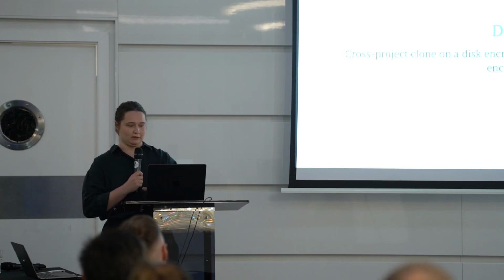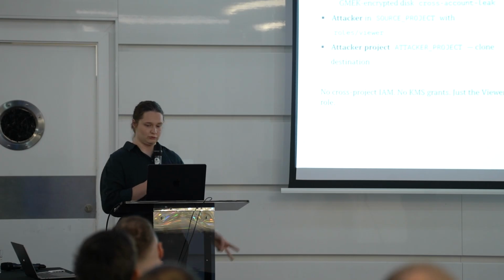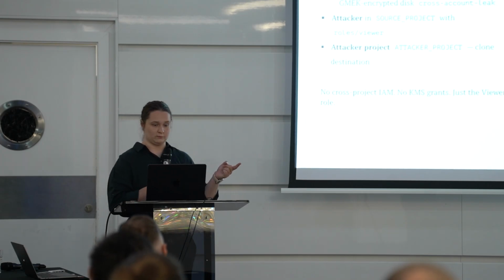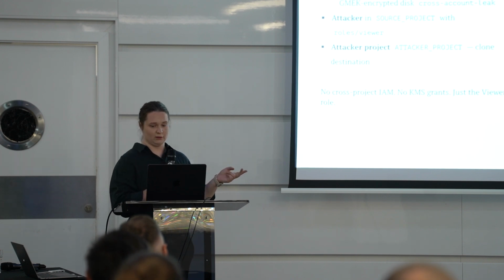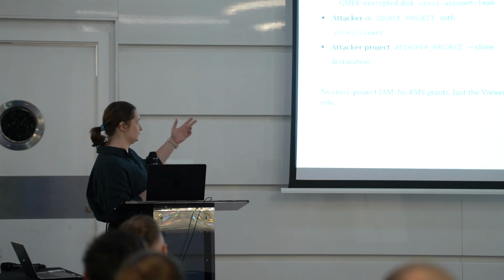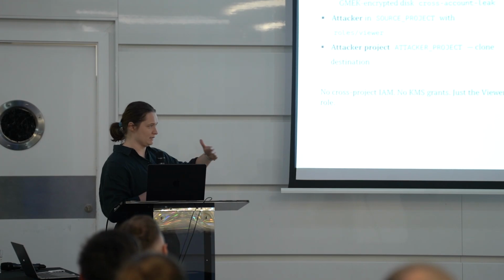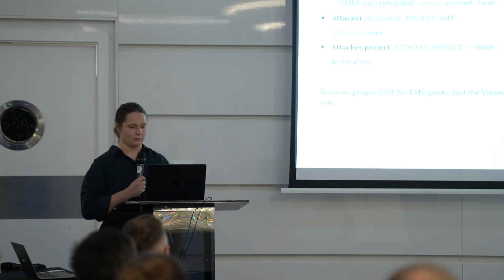Let's walk a bit through our setup of the attack. We have 2 projects. The victim one, which I will be calling the source project. This project contains a couple of disks, including the Google Managed Encrypted disk. We have an attacker project. This project sits outside of the source project organization, so it's basically a separate project that the attacker has full access to.